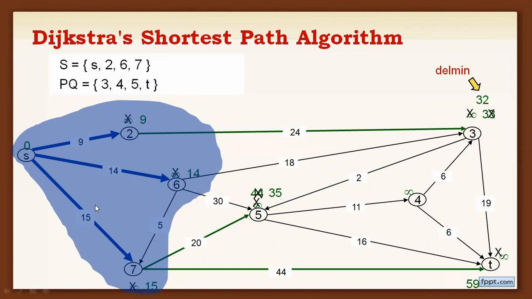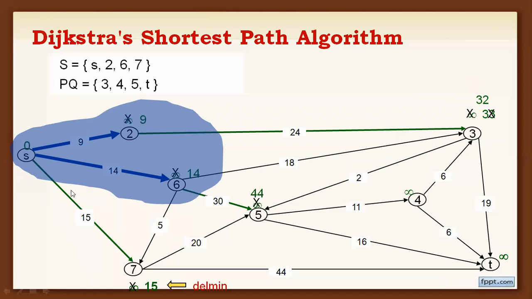And if you want to move from vertex S to vertex 5, the minimum cost is 14 plus 30, that is 44. If you want to find out the minimum cost from source S to 5, the cost is 44, that is replaced with the infinity.